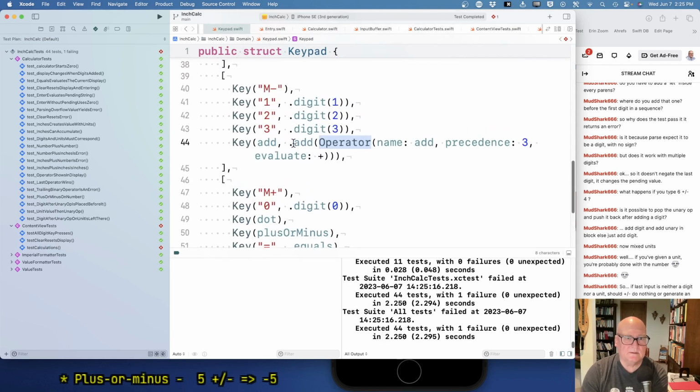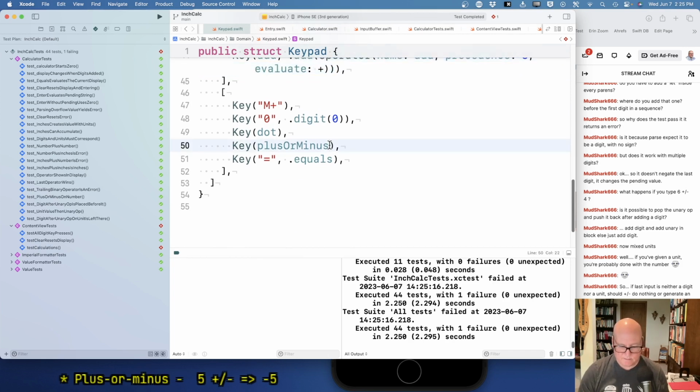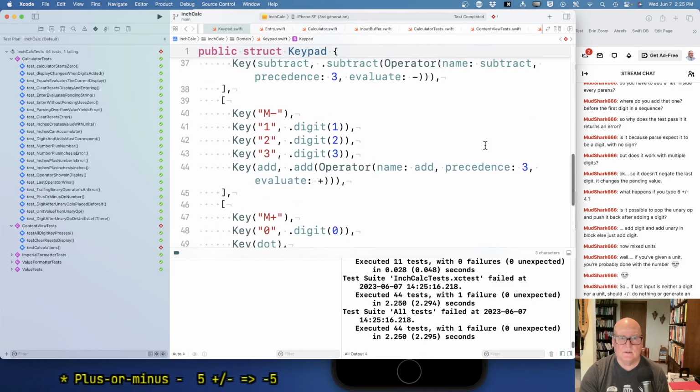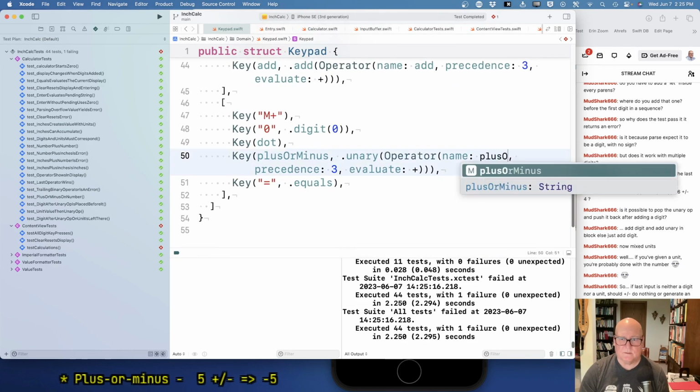Okay. Our keypad, well, it needs an operator. Plus or minus. Okay, and this is unary. Operator name is plus or minus.